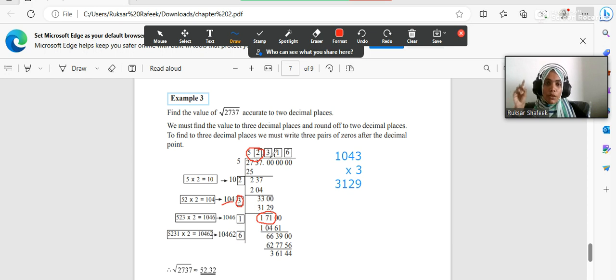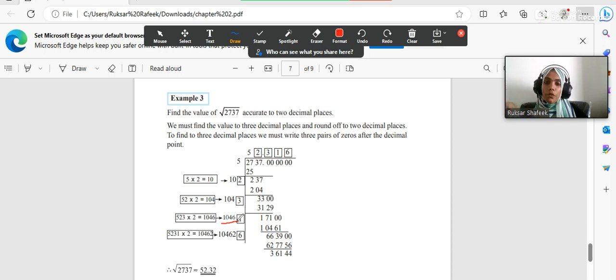So we are done. Now we put the 3 here, so we have 52.3 now. So next, when you're doubling, you're going to double not just 52, not just 5, but 523. So when you double 523, that's going to give you 1046.